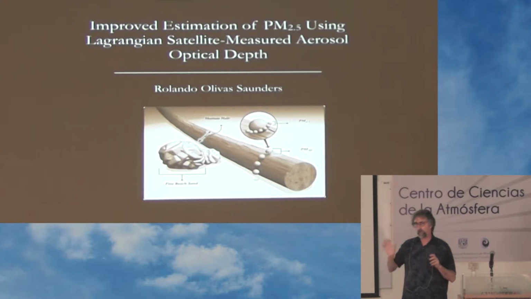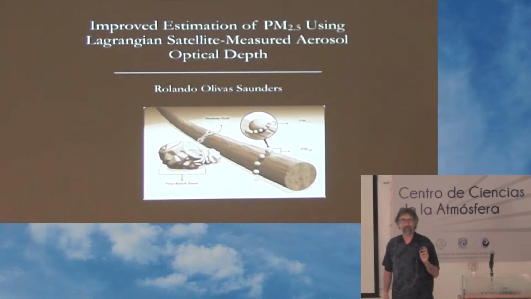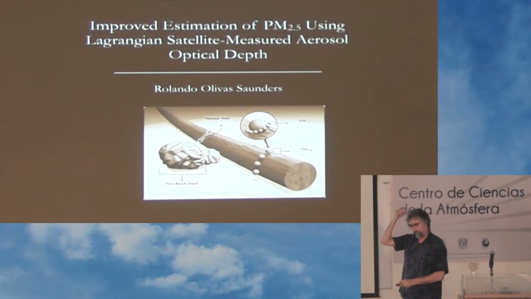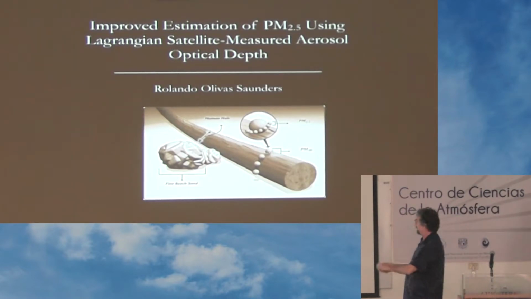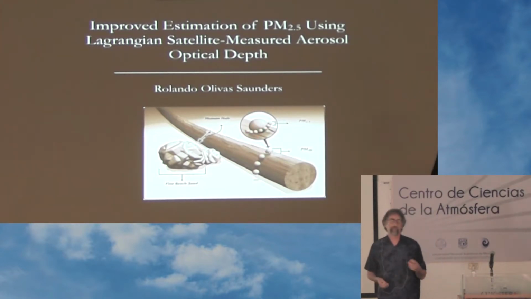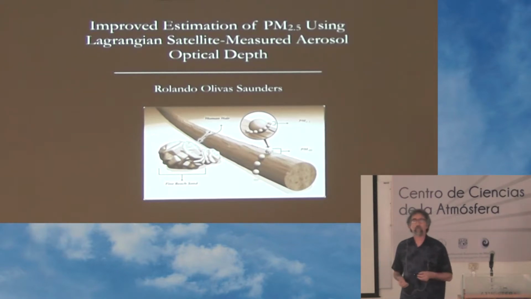I don't know if everybody here is air pollution people, so I'm going to tell you a little bit about PM 2.5. So here, this is a human hair. These little particles here have an aerodynamic diameter of 10 micrometers. And these very little particles here have an aerodynamic diameter of 2.5 micrometers.